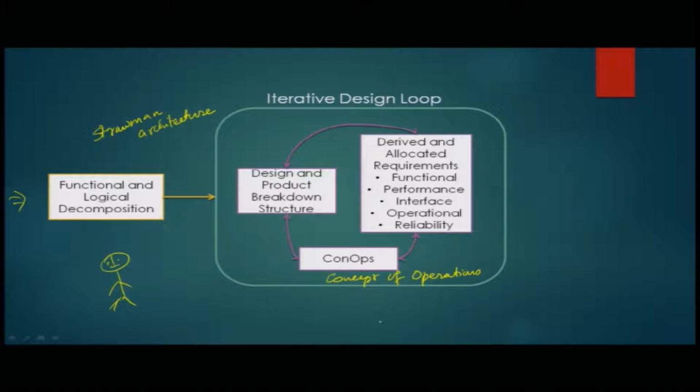So, the functional and logical decomposition, the step before this was the high level requirements, HL requirements. So, from there we added the functionality. From the functionality, we derive and allocate requirements, and these requirements include the functional requirements, the performance requirements, then the interface requirements, operation requirements, reliability requirements. There are many other utility requirements.